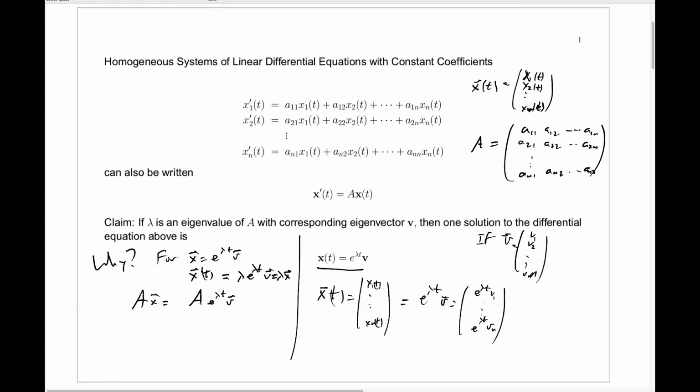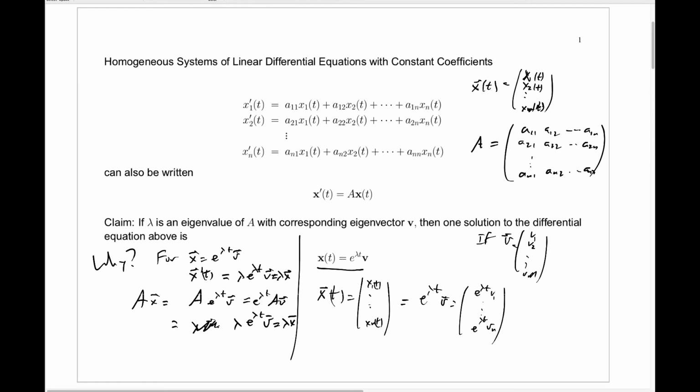It's scalar. As far as our vector space, it's a scalar function of t. So this is just e to the lambda t Av. And because v is an eigenvector, Av is just lambda v, and we're multiplying that by e to the lambda t, so we get lambda e to the lambda t times v, which is just lambda x.